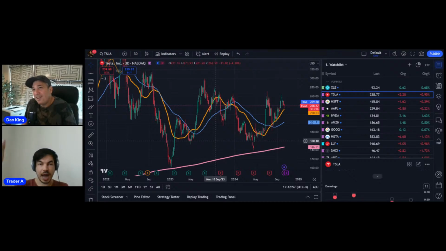When something's really high, it's overbought, so you need to sell it. When something's really cheap, it's oversold, so you need to buy it. So the noob gets into the RSI where you think 60 is overbought, and then it goes 65, and then 70, and then 75, and then 80 and 90. It just keeps going.